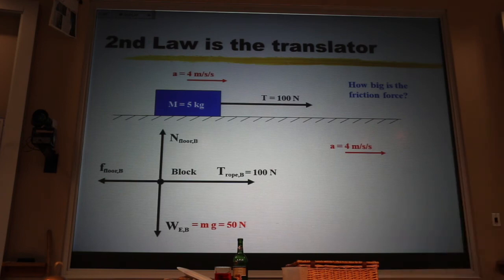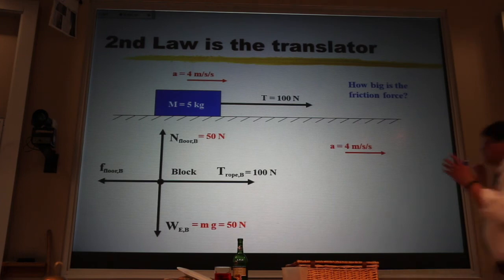None of it. So in the y direction, that's 0. And that means in the y direction, my diagram has to scream balance, 0. I have to have just as much force up as down. That tells me the normal force is 50 newtons.